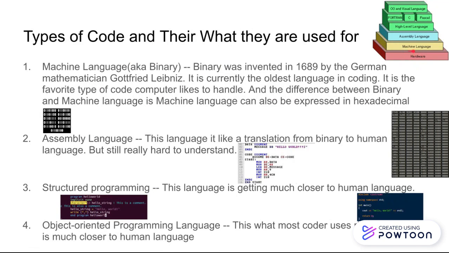The next level is machine language, which is basically binary code, as I'm pretty sure everyone has heard of, which was invented in 1689 by a German mathematician called Leibniz. It is currently the oldest coding language, and another form of binary is machine language.